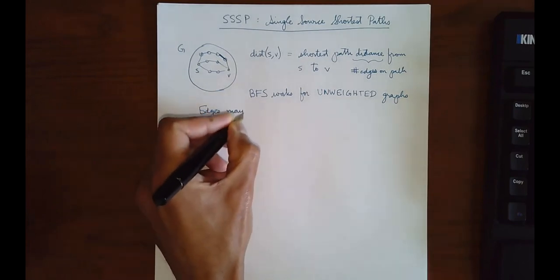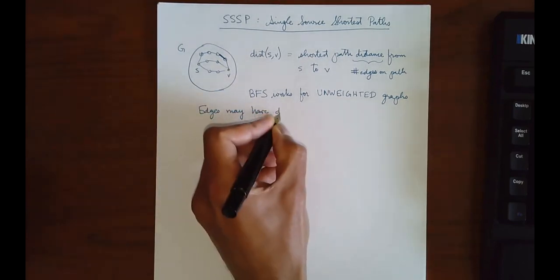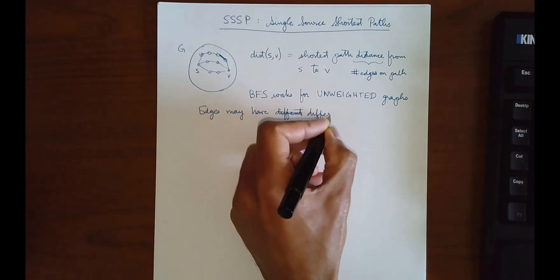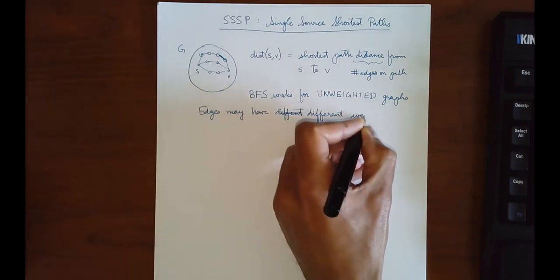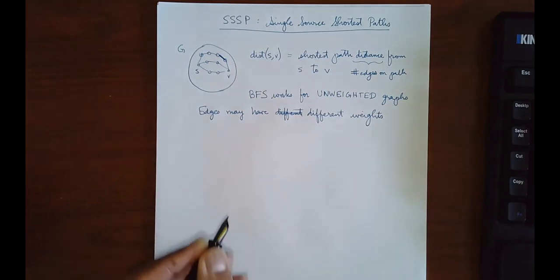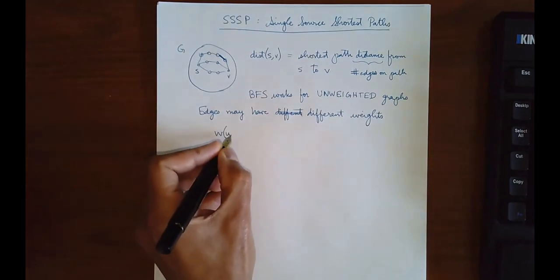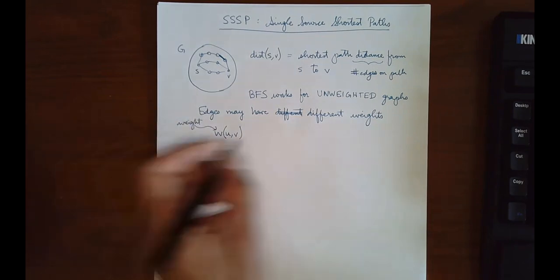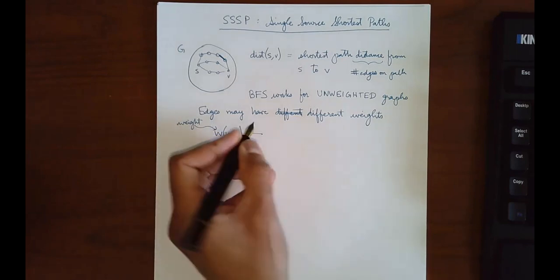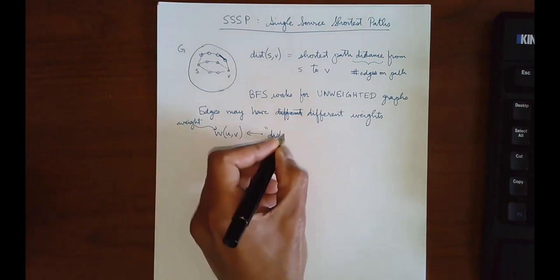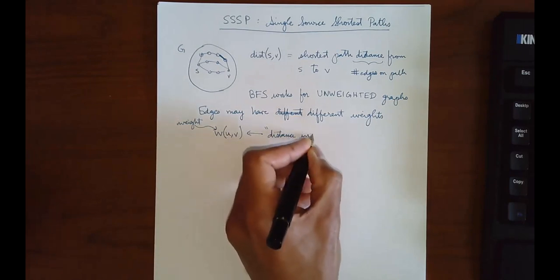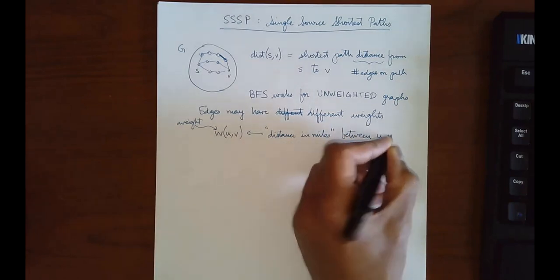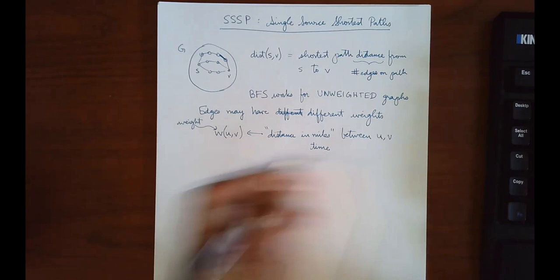Edges may have different weights. So what is the weight? We denote this usually as w(u,v). You can think of this as maybe some kind of distance in miles between u and v, maybe it's a distance in time, the amount of time that it takes.